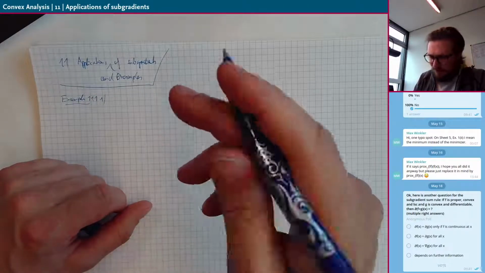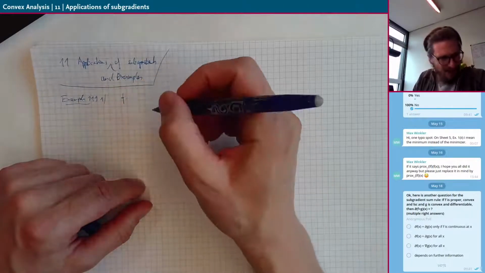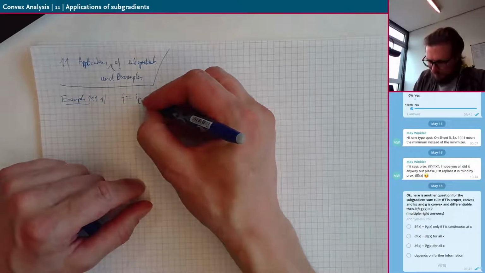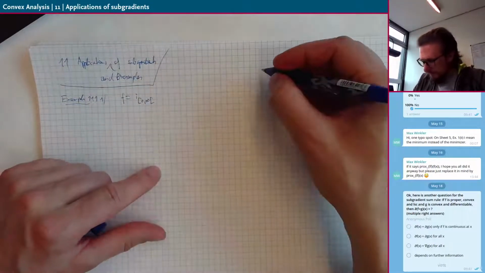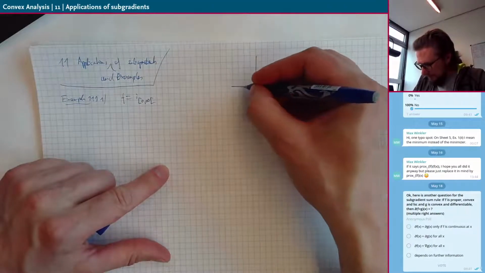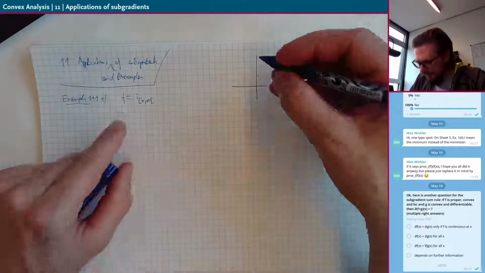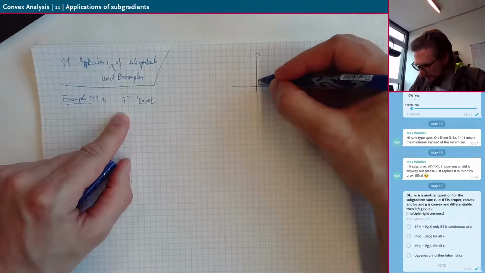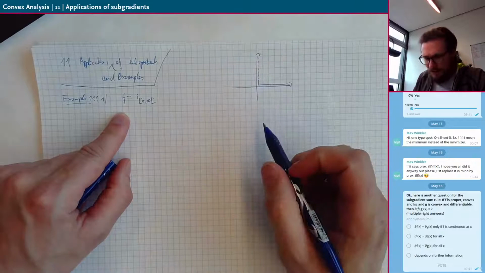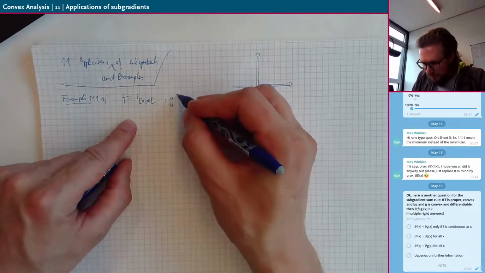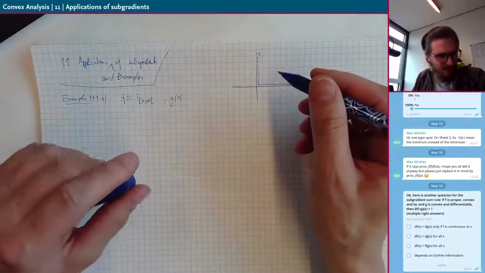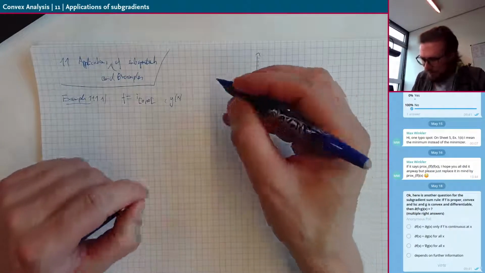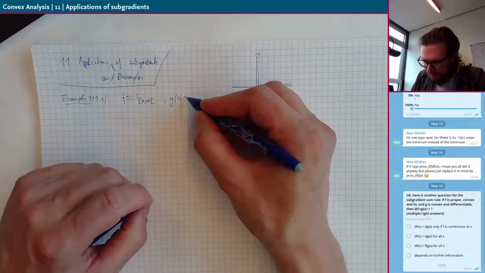Okay, so here's the counterexample. We can take f as the indicator function of the non-negative numbers. If I plot it here, f would be the function which is 0 here and jumps up to plus infinity at 0. As g, we could also take some indicator function, but let's make it a little nicer.